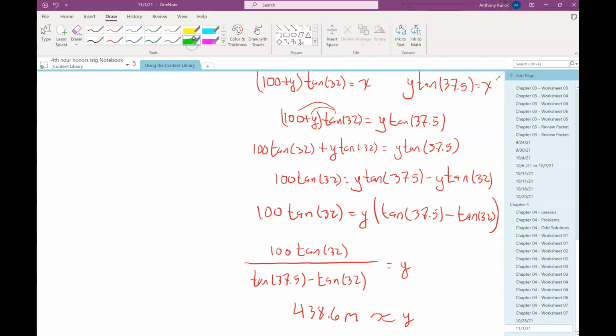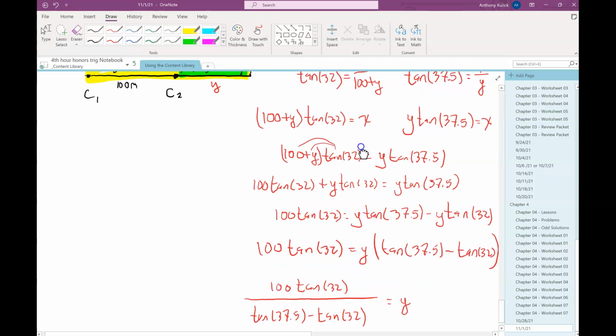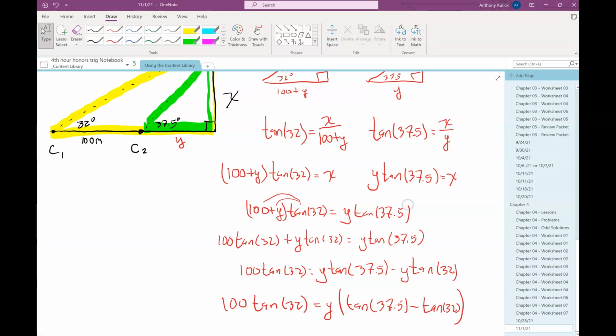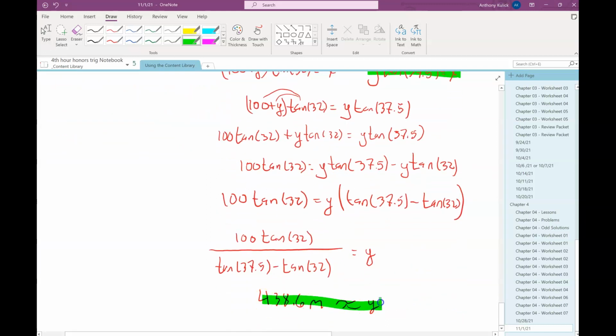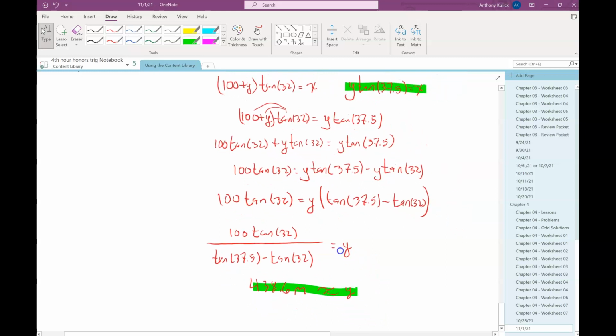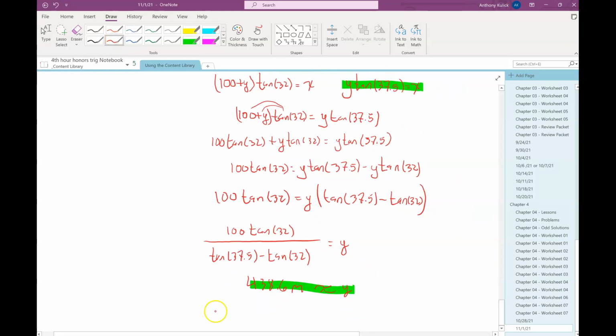Unfortunately, I didn't want to solve for y, right? What I'm really looking for was x. So I'm going to go back to this equation, plugging in this value for y to solve for x.